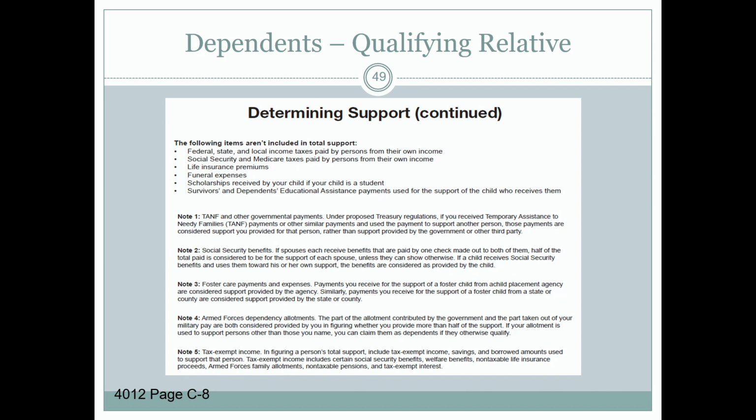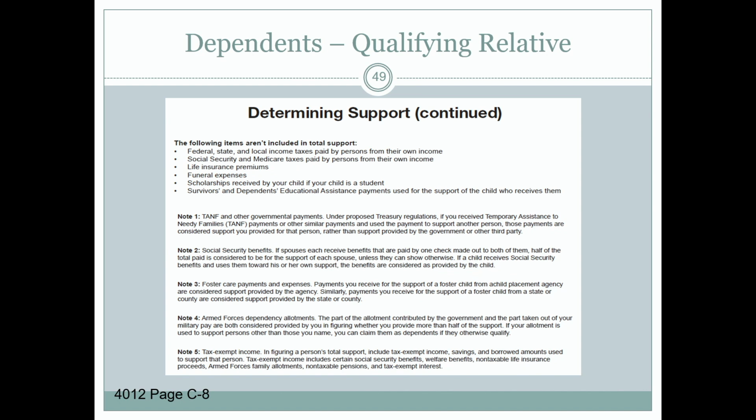Okay, note number 1, TANF and other governmental payments. Under the proposed regulations, if you receive temporary assistance to needy families, which is the acronym TANF, payments or other similar payments, and use the payments to support other persons, those payments are considered support you provided for that person, rather than support provided by the government or other third party.